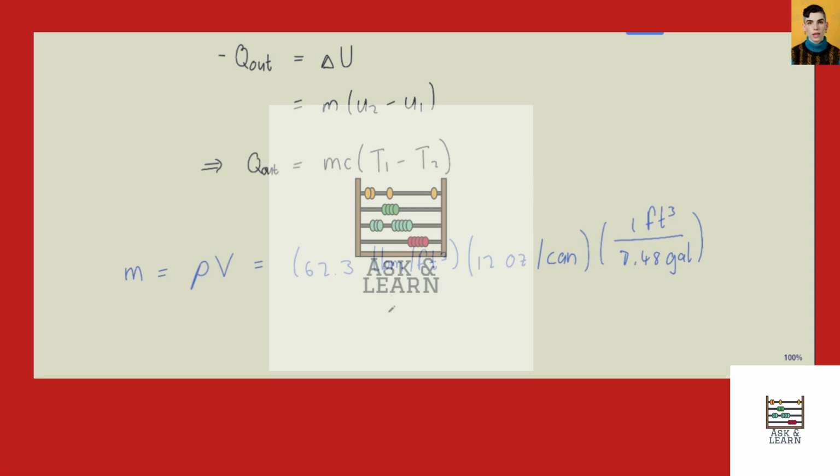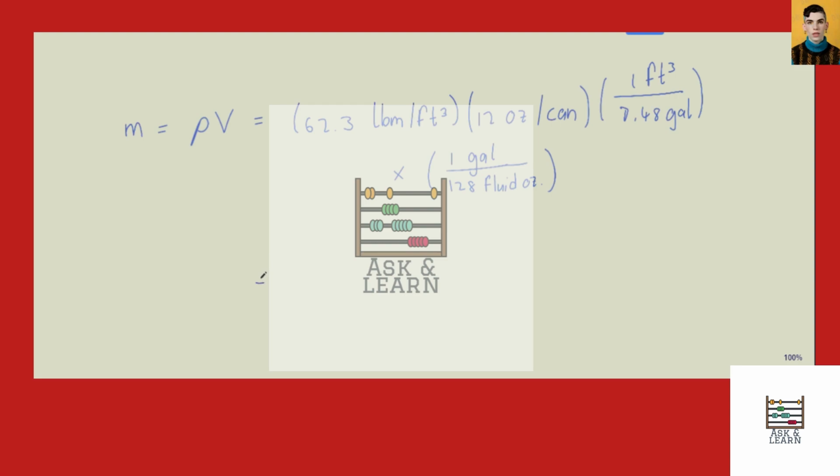And finally, 1 gallon is equivalent to 128 fluid ounces. And so all these cancel off to give us a mass of a single can to be 0.781 pounds per can.